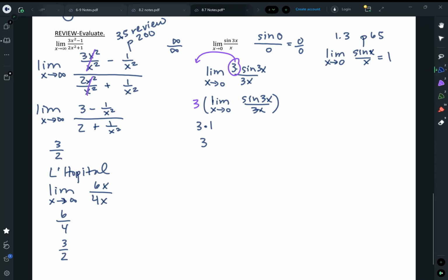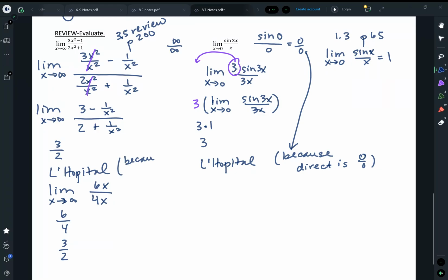Maybe we should make a note here: L'Hopital, because direct is 0 over 0. I'm just worried that we won't look up here and go, oh, that's why we did L'Hopital's. Same thing here, because direct is infinity over infinity. Because it's indeterminate, we can do L'Hopital's.